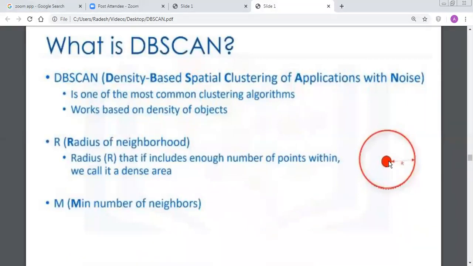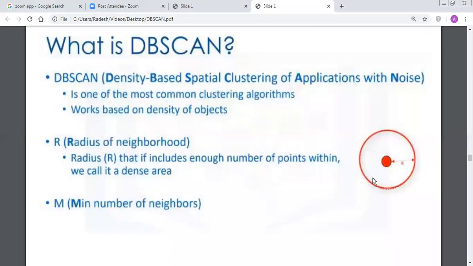I am considering a point here, and I have drawn a radius represented by R and a circle across it. This is the radius of this particular data point, and it needs to satisfy M, the minimum number of neighbors.